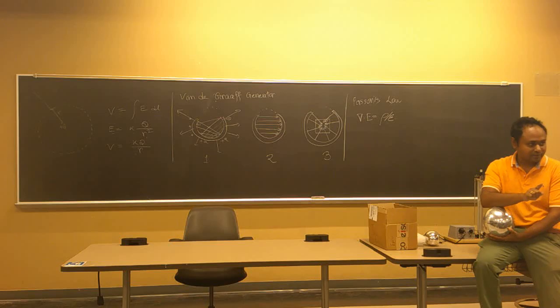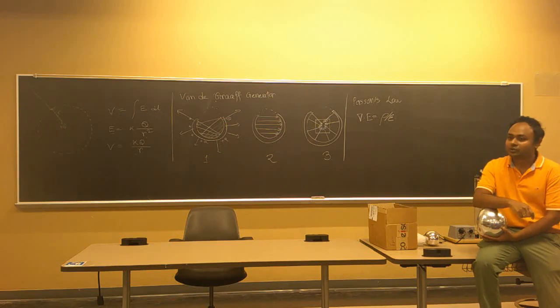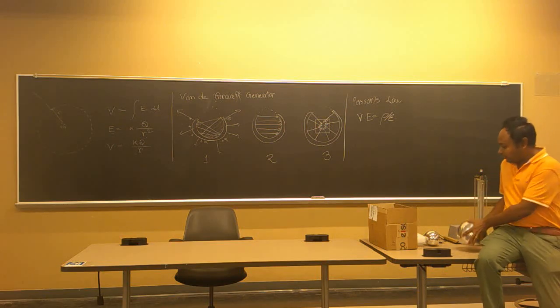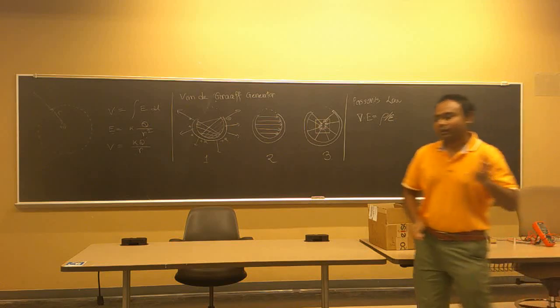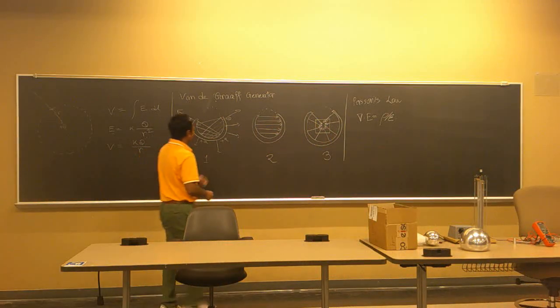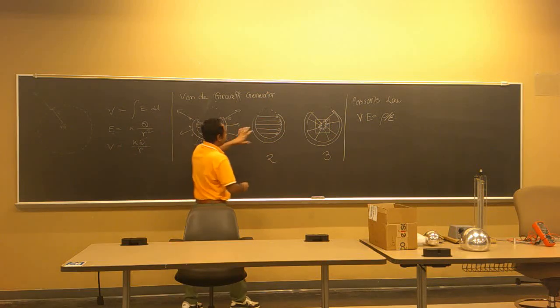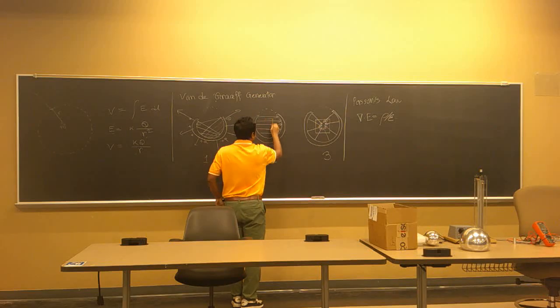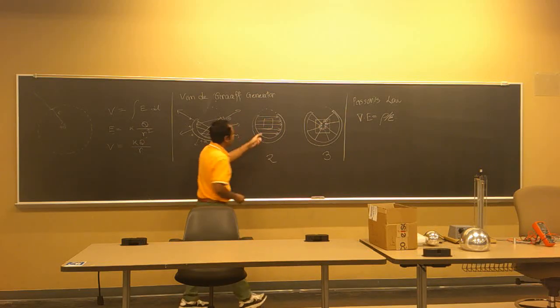If there is no charge, there cannot be any divergence of field. Okay? You follow? So there are 2 possible ways by which we can say the divergence is 0. One is this. If I draw a box here, do you see what the divergence is?